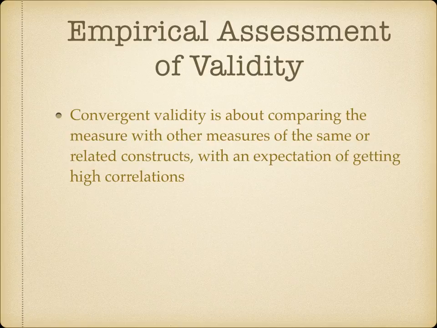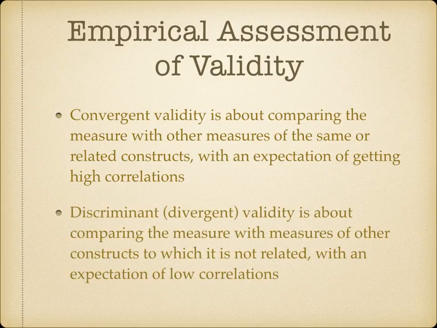So it's not about positivity and negativity, it's about magnitude. Correlations can only go up to a maximum of positive 1 or a maximum of negative 1, with 0 being the minimum magnitude you can get. What you want to see is numbers relatively close to positive 1 or relatively close to negative 1 for good evidence of convergent validity.